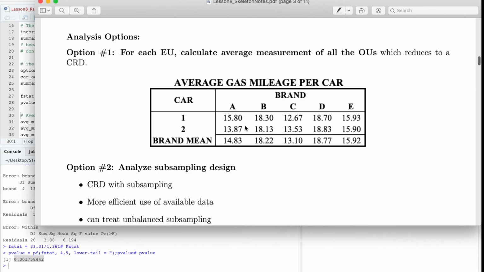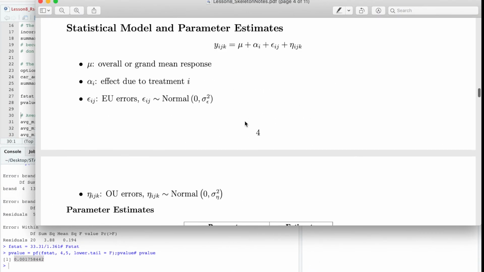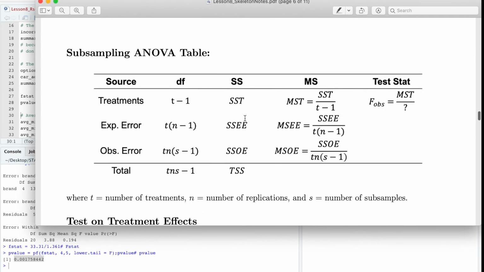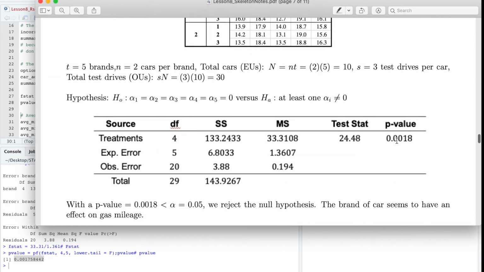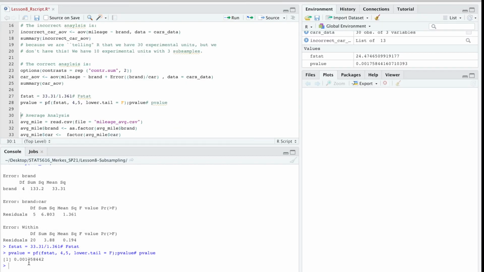Just so you believe me, if we scroll down here to our ANOVA table for our results, 0.0018, close enough if you round, as our p-value. So that's what you're going to have to do in your homework: here's our treatment, then it's our treatment divided by our car.